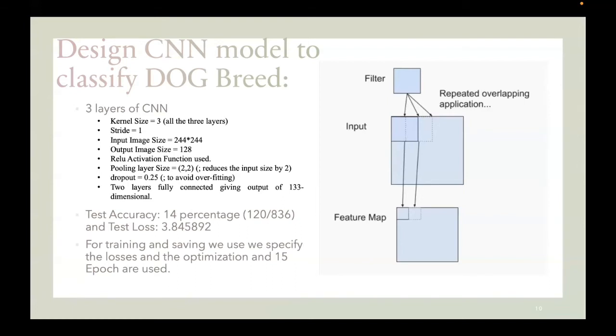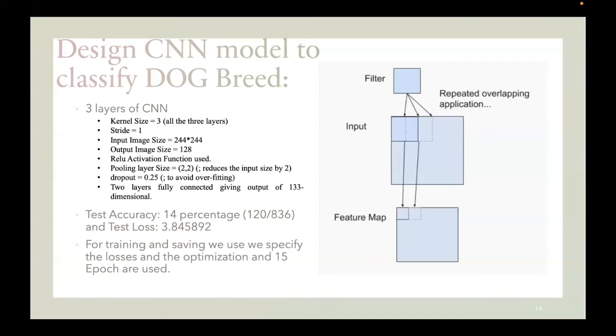The CNN model designed from scratch has three convolutional layers, each layer with a kernel size of 3 and stride equal to 1. The image input to the model is of size 224 by 224. We use the ReLU activation function in the model and there are pooling layers which reduce the input size by 2.